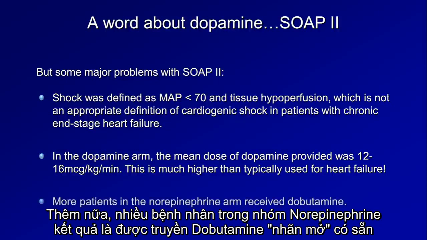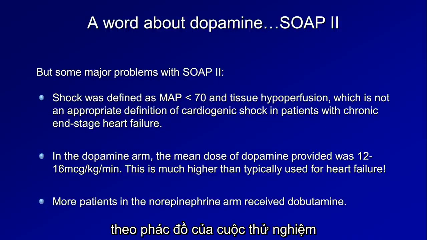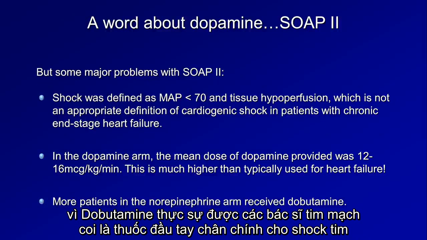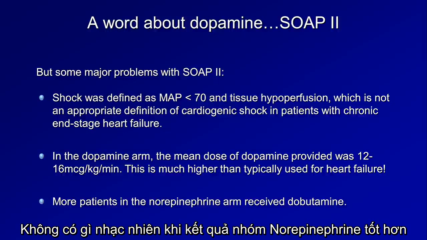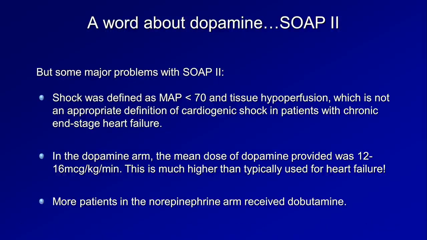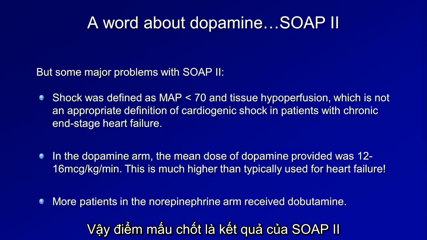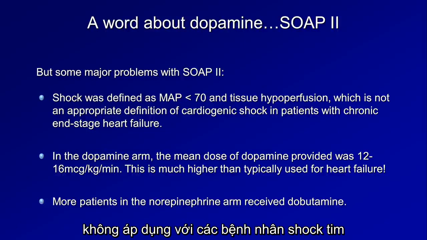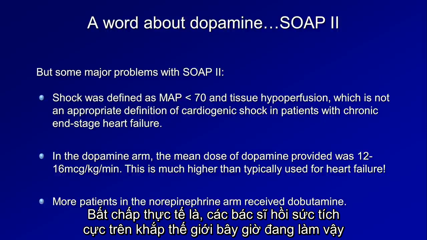In addition, more patients in the norepi arm ended up receiving open-label dobutamine, which was available as per the trial protocol. As dobutamine is actually considered by cardiologists to be the true first-line agent for cardiogenic shock, it's not a surprise then that the norepi patients did better. So the bottom line is that the SOAP2 results should not be applied to patients with cardiogenic shock, despite the fact that critical care docs throughout the world now do.